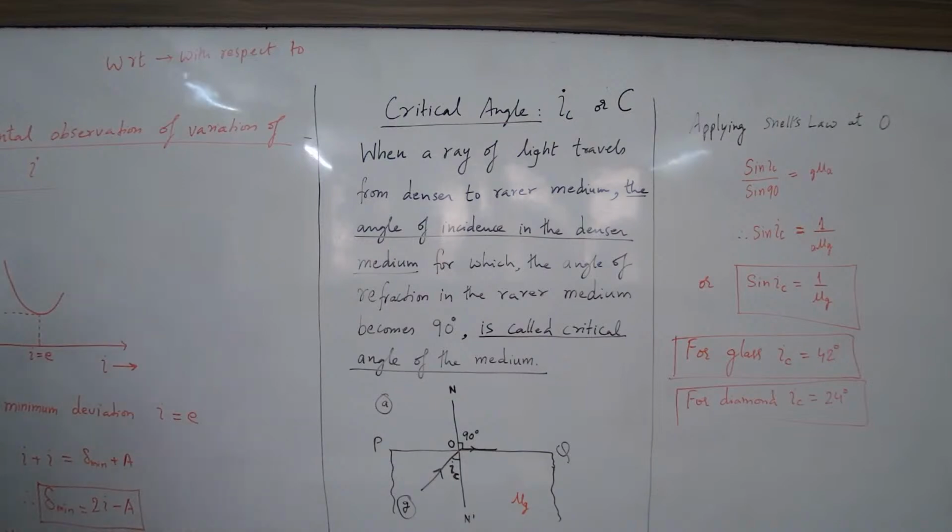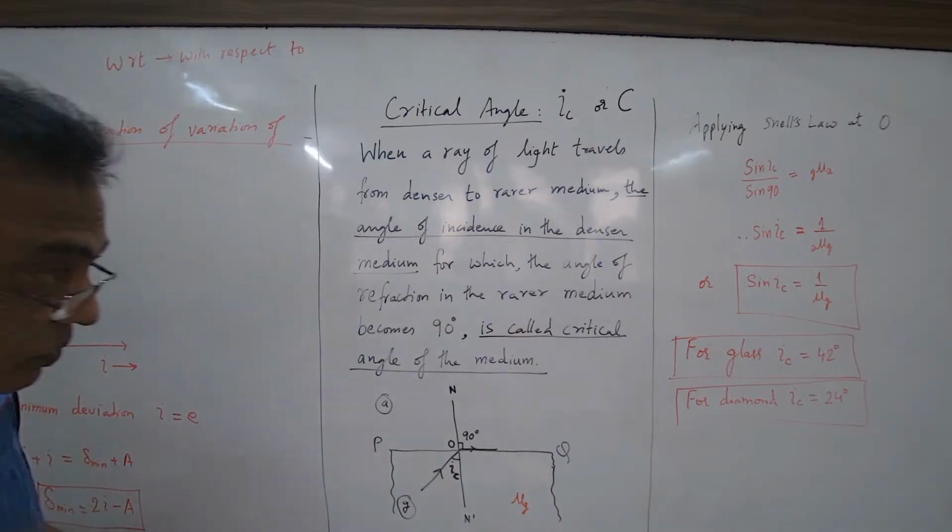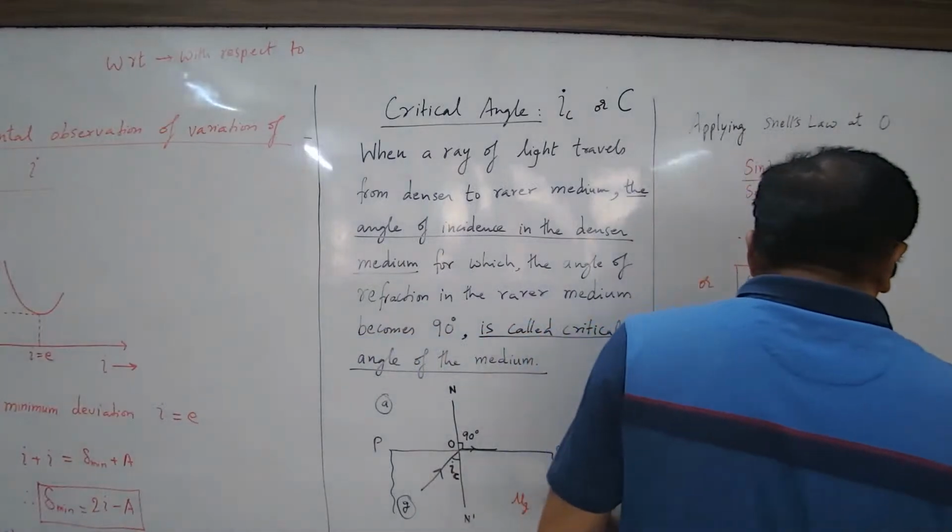ये देखो, there is a table like this, critical angle for some substances. Water का 49 डिग्री है, glass का 42 है, diamond का 24 या 25 डिग्री है, given in your book.